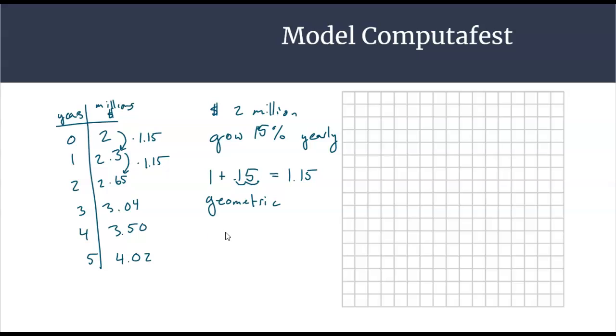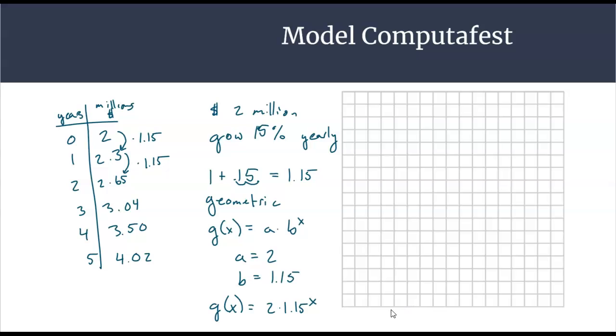But in order to do that in Desmos, we are going to need another equation here. So we know that our geometric form of an equation is a times b to the x. A is our value at 0, which is 2 in this case. B is our common ratio. We decided that was 1.15, what we multiply by each time. So overall here, our equation is 2 times 1.15 to the x.